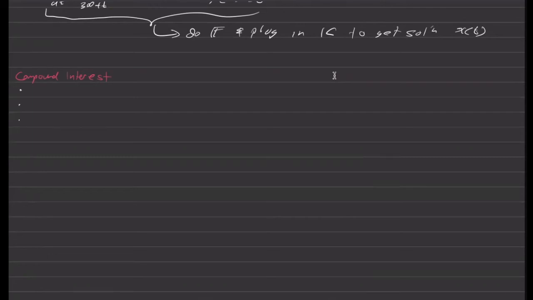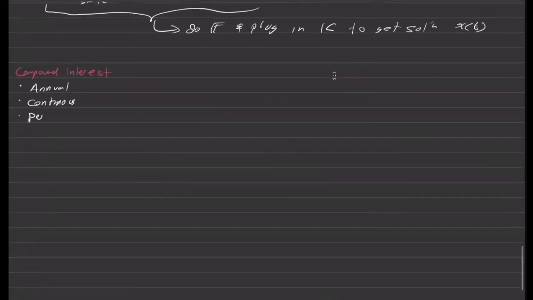There are 3 different types of formulas you may see. You have annual interest, you have continuously compounding interest, and you have periodic interest. I'm just going to give you the formulas for each of these. For annual, it's the simple A is equal to A naught times (1 plus r) to the power t, where t is the number of years.